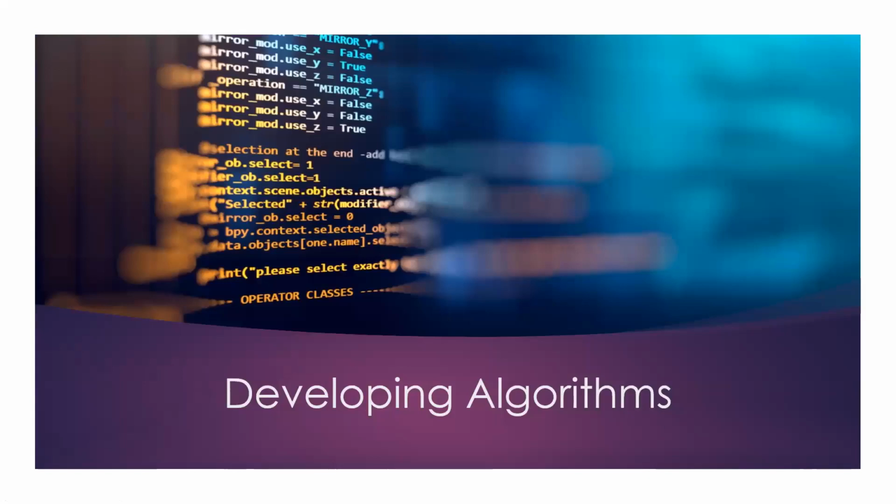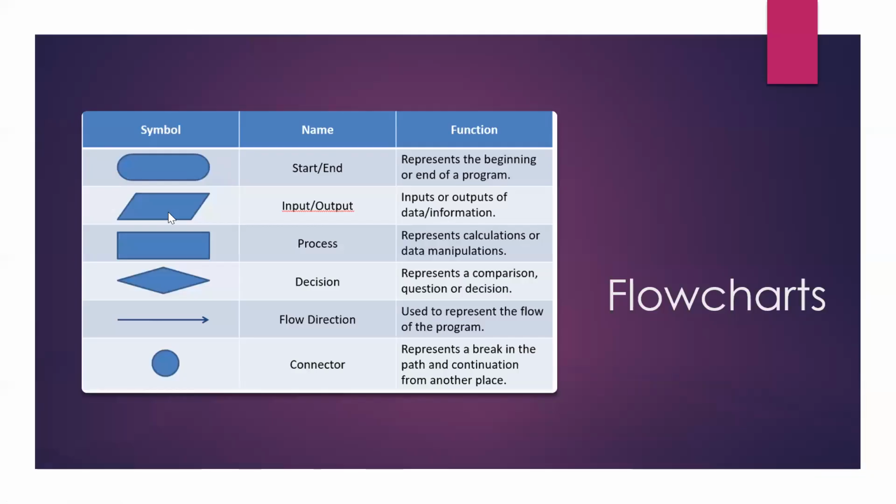The next thing we looked at was developing algorithms. There are a couple of ways to develop an algorithm. You can use many techniques, flow charts as well as pseudocode. Flow chart means graphical representation.